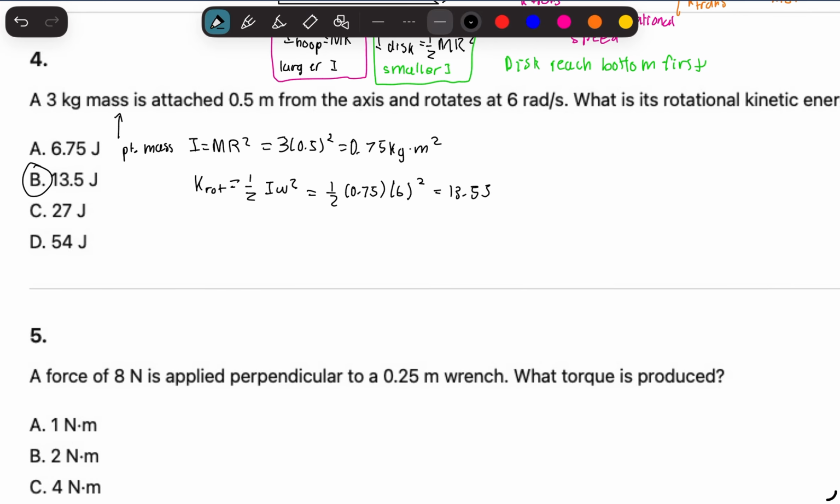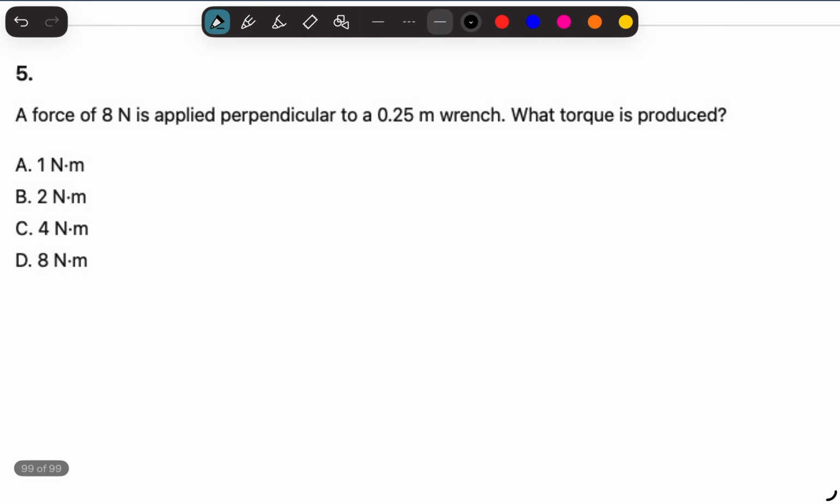Now for number 5, we have a force of 8 newtons applied perpendicular to a 0.25 meter wrench. What is the torque that is produced? So it's going to be perpendicular, and this force is 8 newtons.